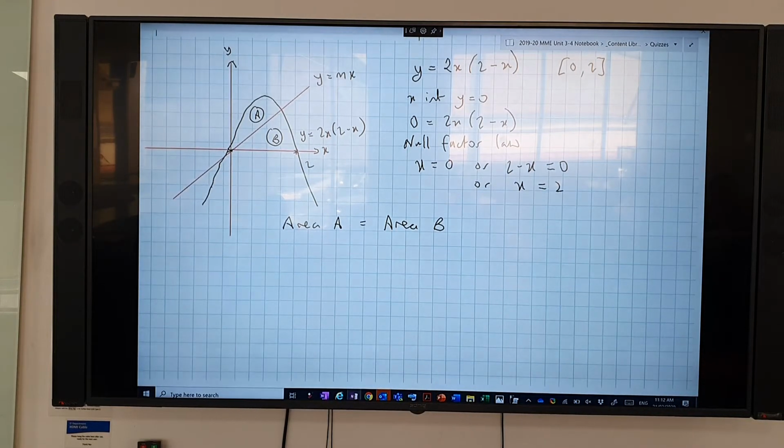There's a couple of ways we can do it. It actually doesn't matter how we do it. We could also say area B equals half of area A plus B. That makes sense as well? Lots of different ways of doing it.